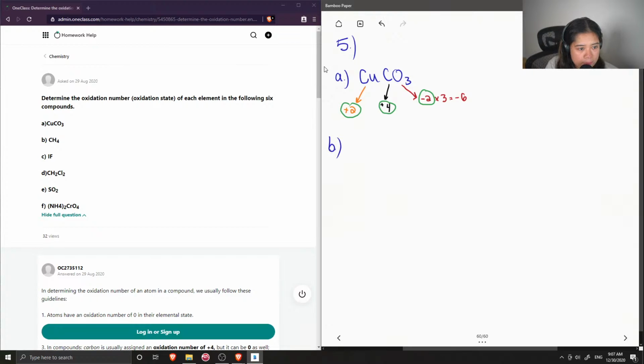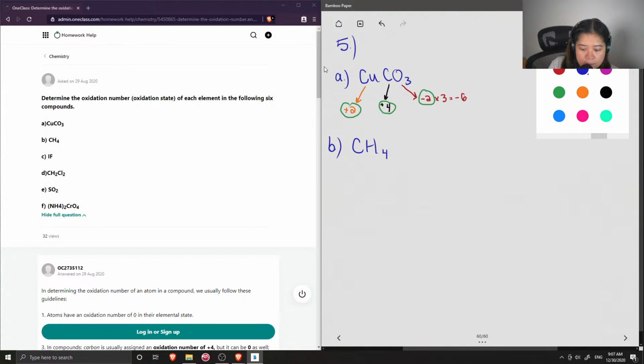Now let's look at B. We just have methane.